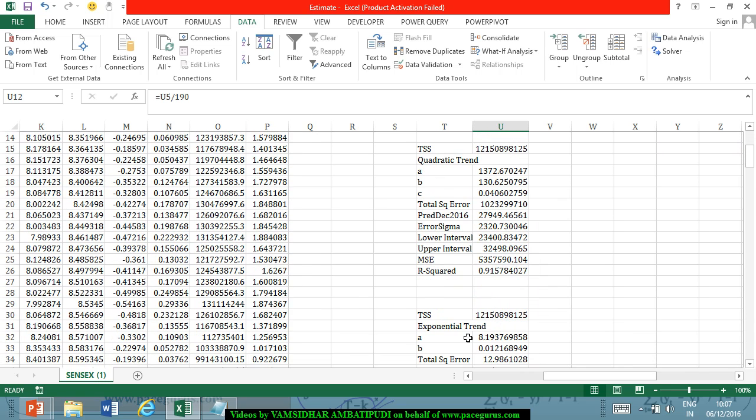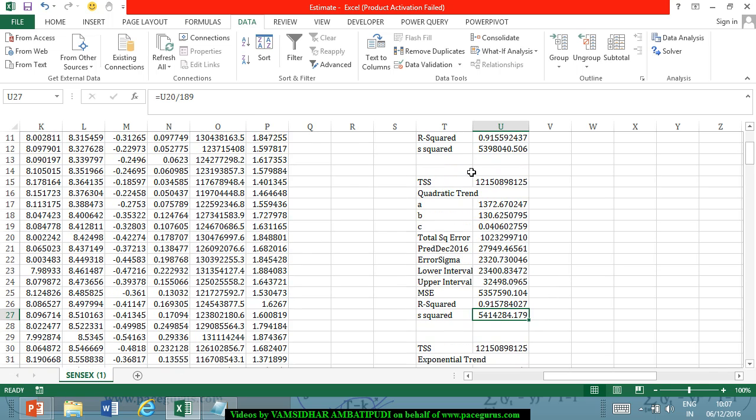Whereas here, K is 2 for the quadratic trend, so I do 191 minus 2, 189, resulting in an S squared value of 5.41 million, whereas it is only 5.39 million.